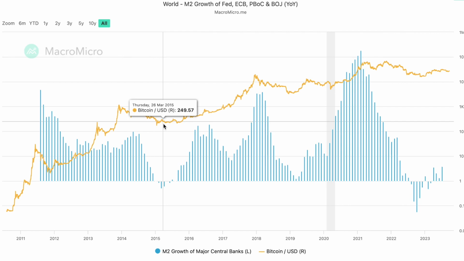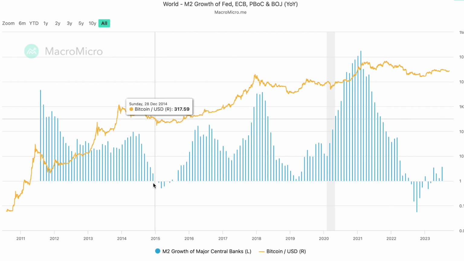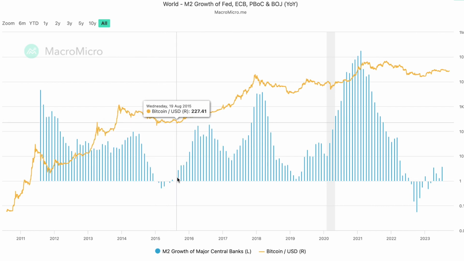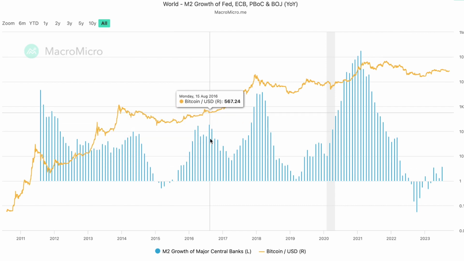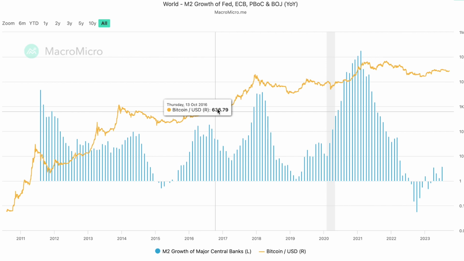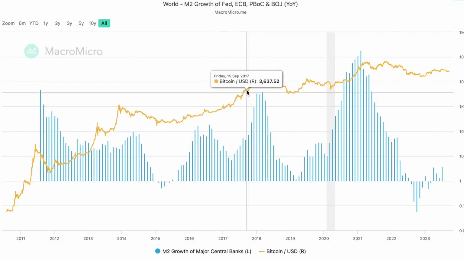If monetary supply is contracting, then Bitcoin's price is also contracting, as there isn't as much money in the system as there was. But once we get out of this contraction phase and enter an expansion phase, usually that expansion phase lasts a while and Bitcoin's price follows suit as more money is entering the system and thus can also enter the crypto markets as well.